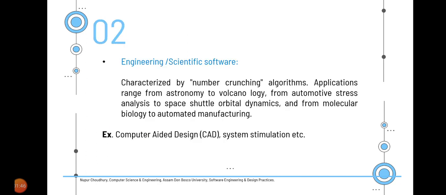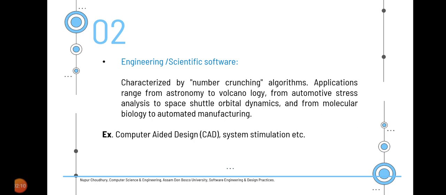The third and the final category is engineering or scientific software. They are generally characterized by number crunching algorithms, and almost everything which is related to the engineering or scientific domain can be solved using these scientific or engineering software.